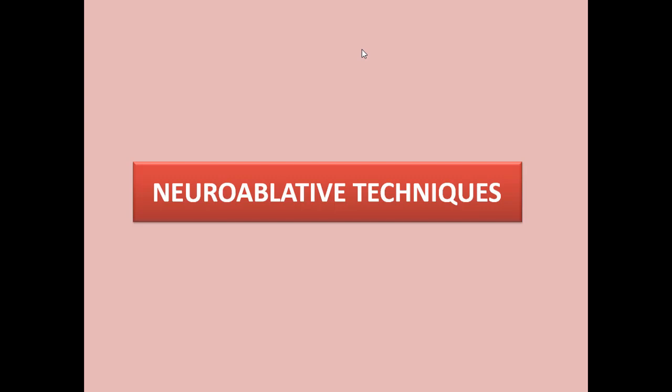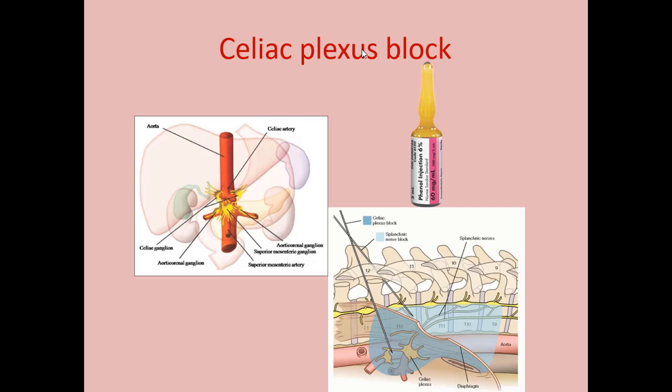usually that is avoided in chronic non-malignant pain. Now the celiac plexus block. As you know, the celiac plexus is behind the stomach, and several plexuses arise from this major plexus, for example the gastric plexus, splenic plexus, pancreatic plexus, hepatic plexus, and renal plexus.